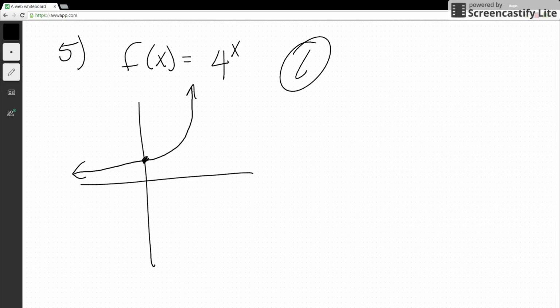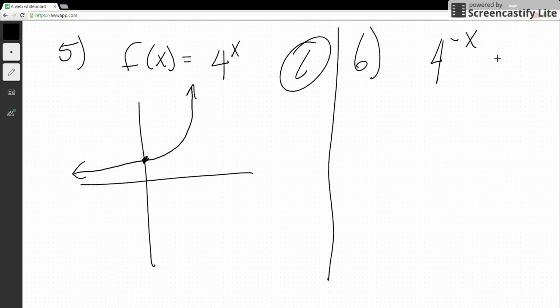Number 6 is 4 to the negative x. If you make the x negative, that reflects you over the y-axis.